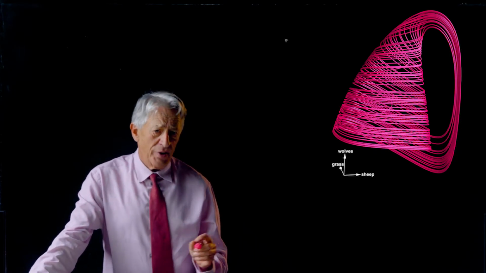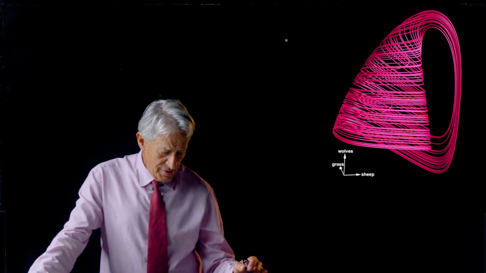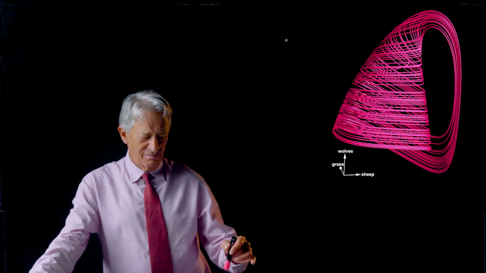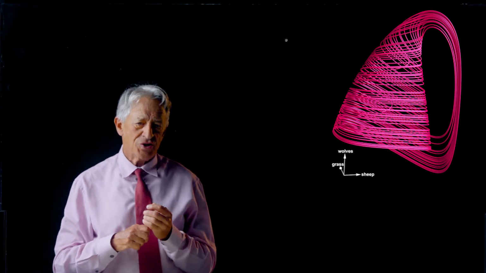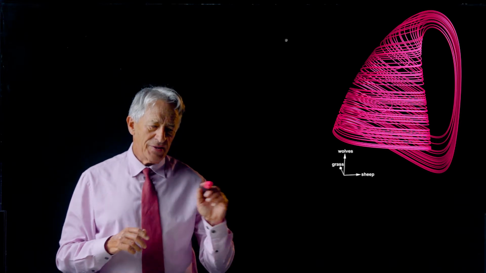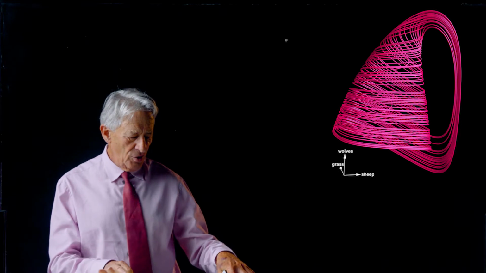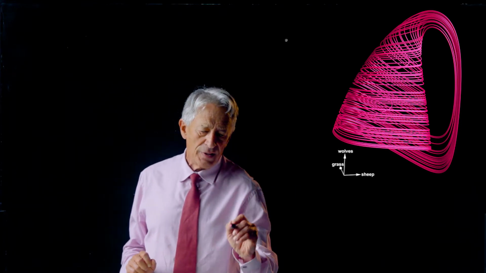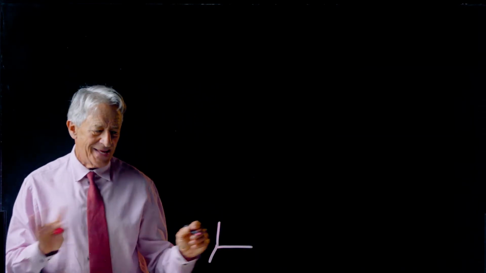If you follow the state point as it inscribes this jug-like or upside-down coffee cup-like structure, it's interesting because you see that it follows a certain pattern as it traces this out. And again, let's remind ourselves that this is X, Y, Z space.